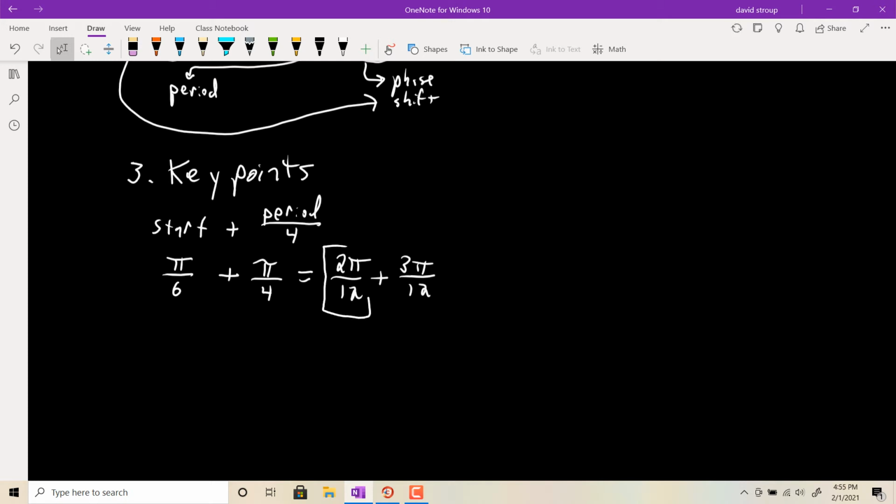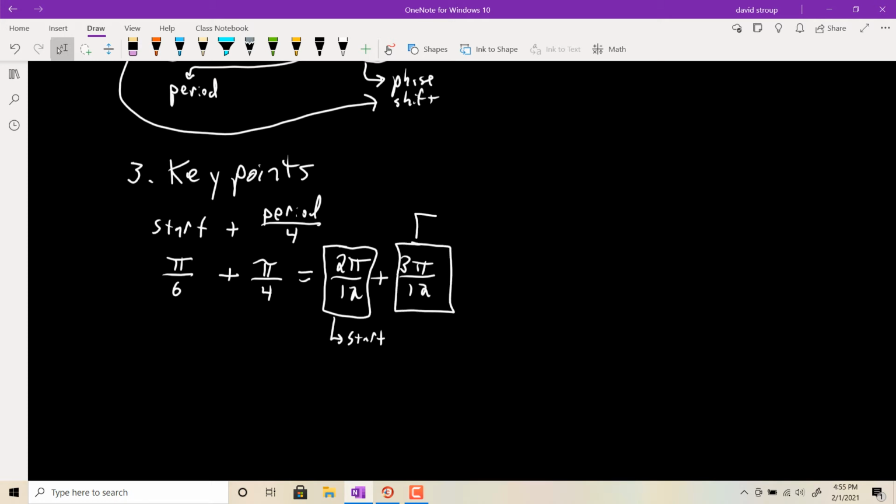Find that common denominator first, because you're not going to be able to put your tick marks in by pi over 4s, since it's shifted by pi over 6. So this is really where you're going to start, and you're going to put your tick marks in twelfths.